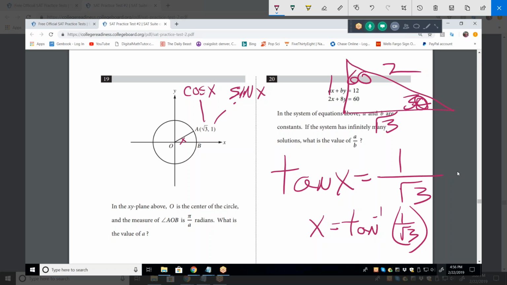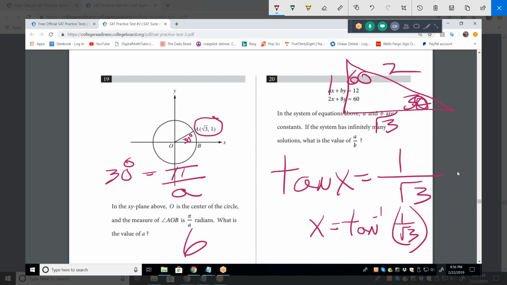So we know, based on these coordinates right here, that angle's 30 degrees. And they're also telling us that 30 degrees equals pi over a. And that would mean a equals 6. Correct. Perfect. Because you know pi equals 180 degrees.